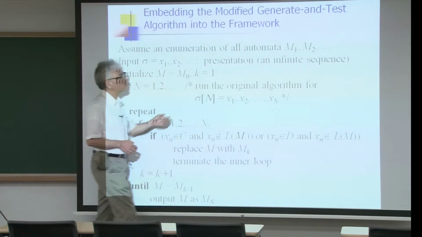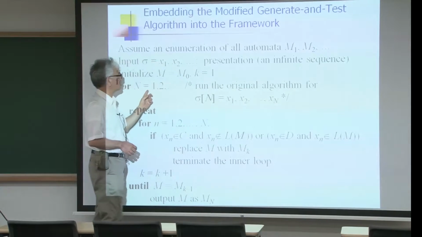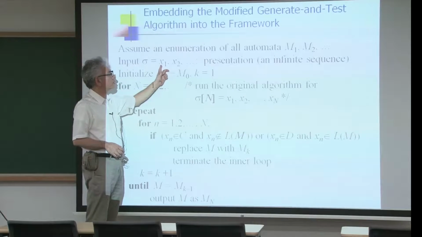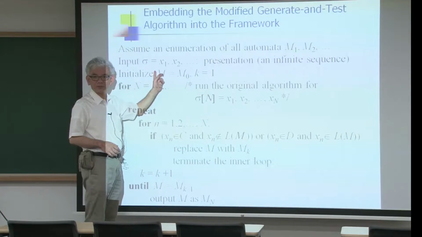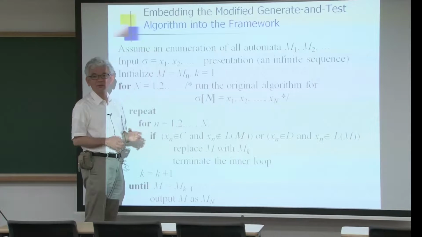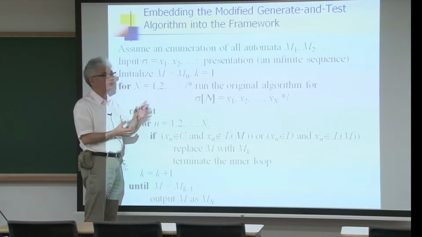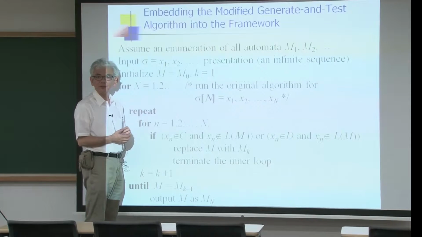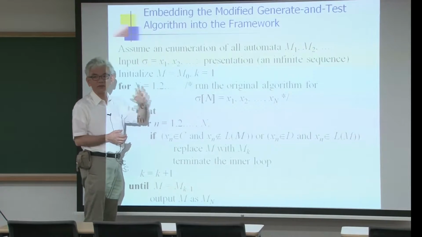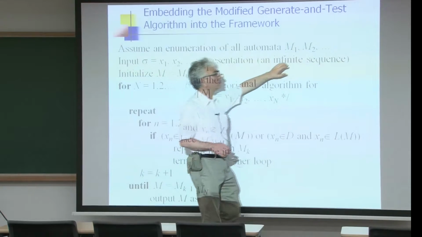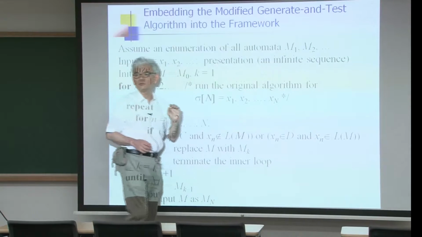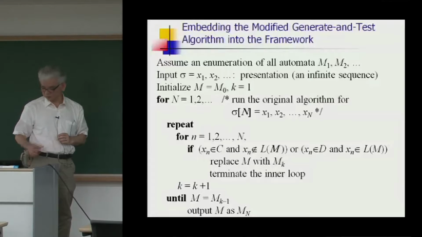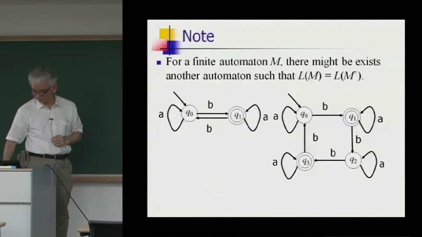Next, we take another example and check the consistency with the two examples. If it succeeds, we keep the automaton. But if the automaton is not consistent with the two examples, then we throw it away and take a new automaton from the enumeration list. This is the enumeration method, the generate and test method.